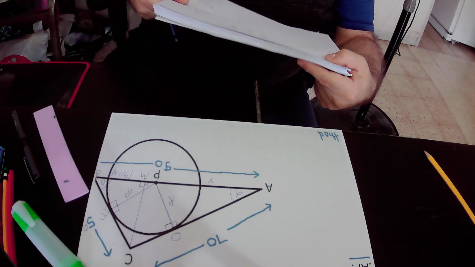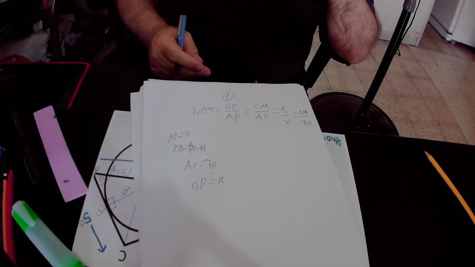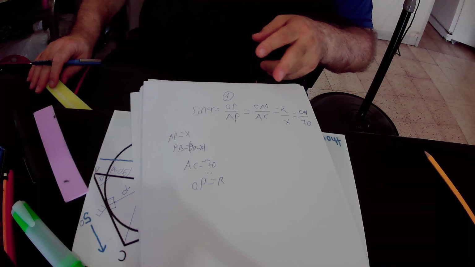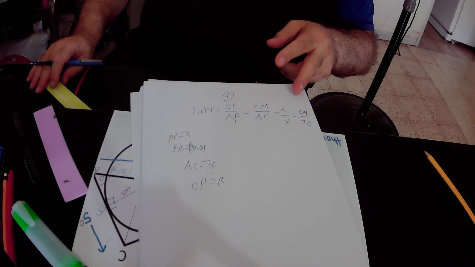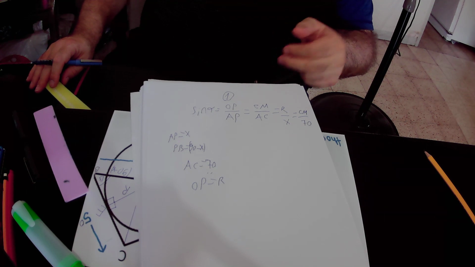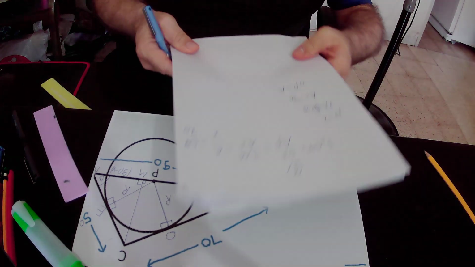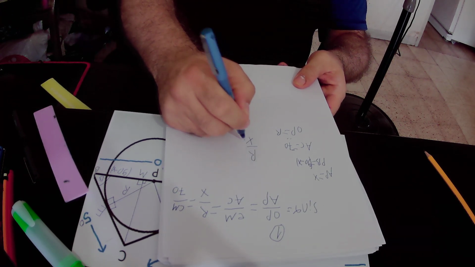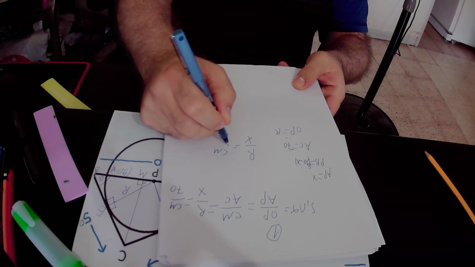So actually we have an equation that R over X equals CM over 70.